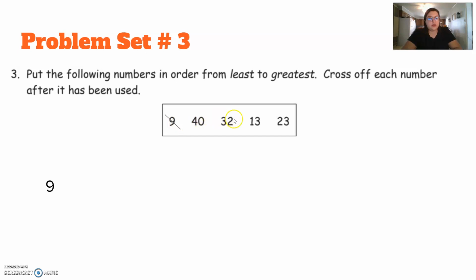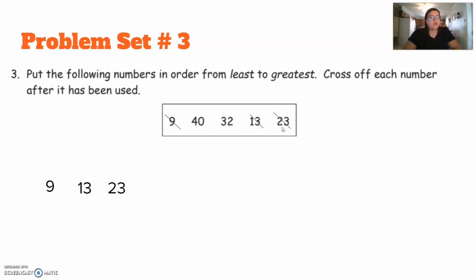Now, 40, 32, 13, and 23. Well, 13, when we count, we have 9, 10, 11, 12, 13 comes next. So we'll mark that out. And then we count on 14, 15, 16, 17, 18, 19, 20, 21, 22, 23. There's another number, 23. Okay, mark it out.